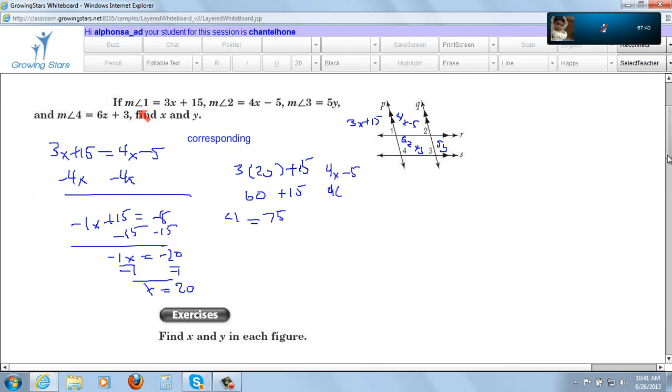Both will be equal. No need of finding both, because they are corresponding angles.